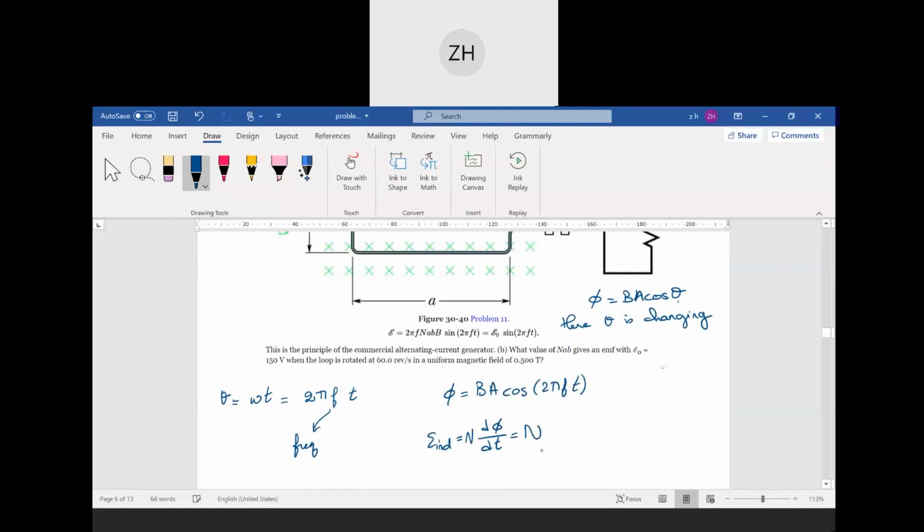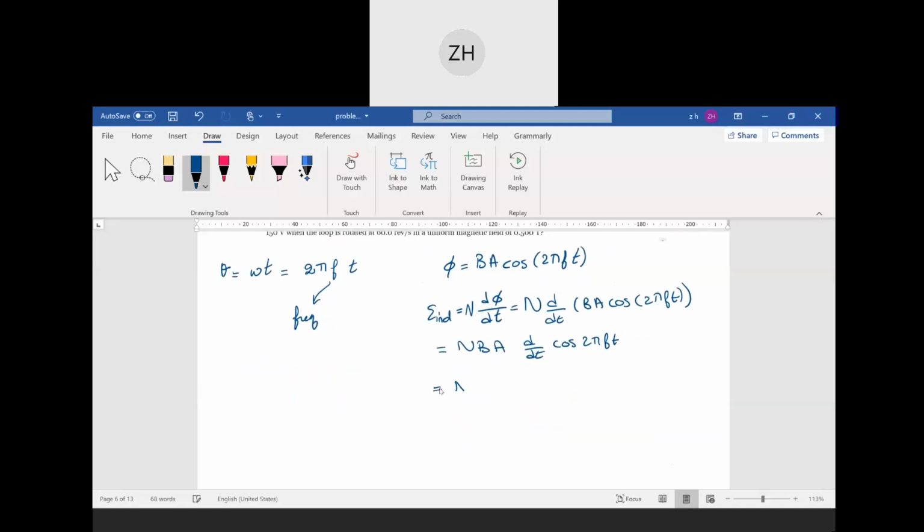So this is going to be n d by dt of BA cosine 2 pi f t. And if we want to derive with respect to time, we will notice that n, B, and A are independent of time. So all we have to derive here is cosine 2 pi f t.